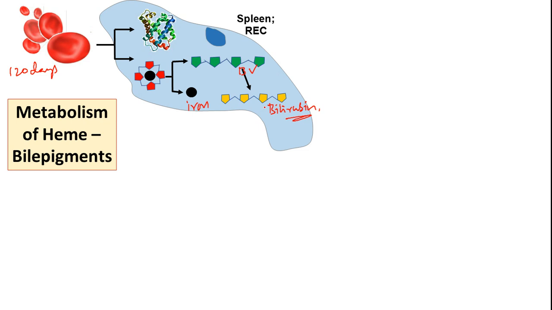So bilirubin is a relatively non-polar molecule, so that has to be now transported to liver. So everything is happening within spleen right now. Now the bilirubin is released into blood, where bilirubin will be bound to plasma proteins. So the same way as the way how fatty acids are transported in blood, okay, and non-polar molecules are transported in blood.